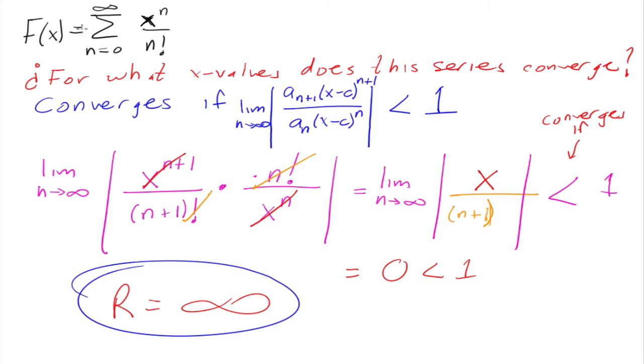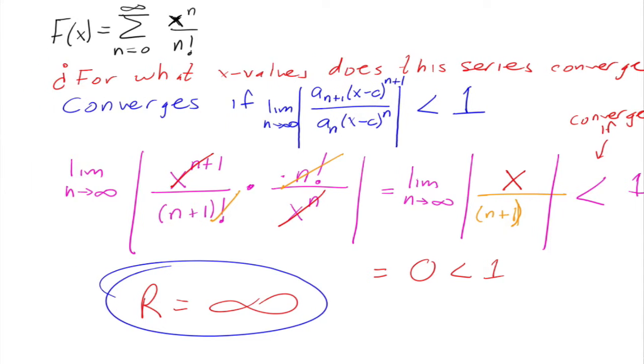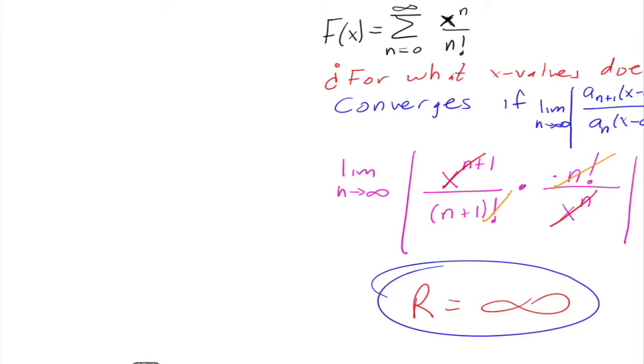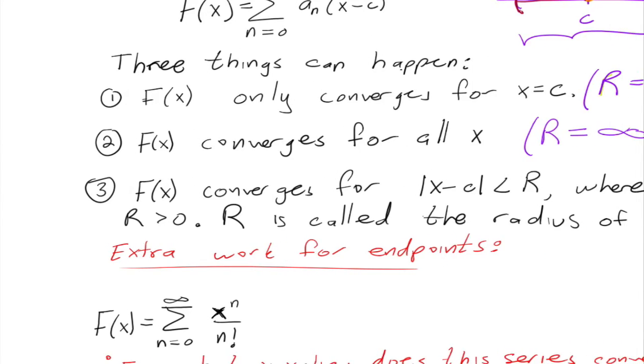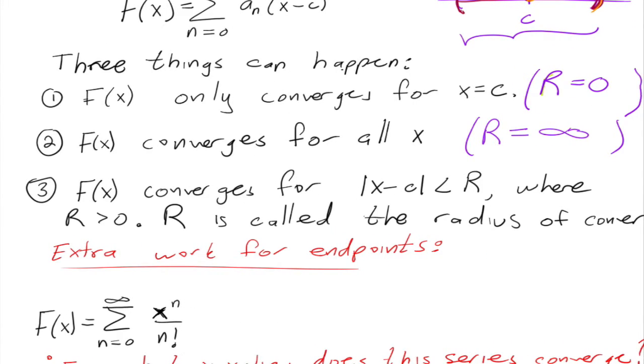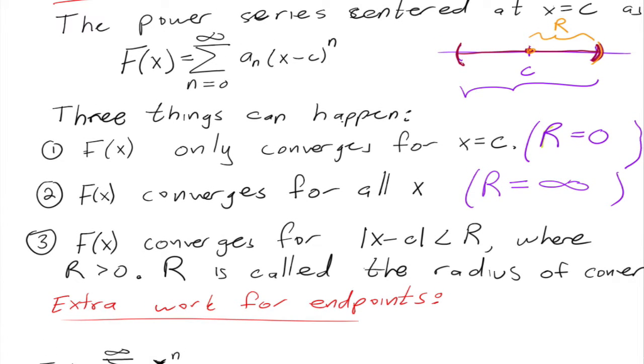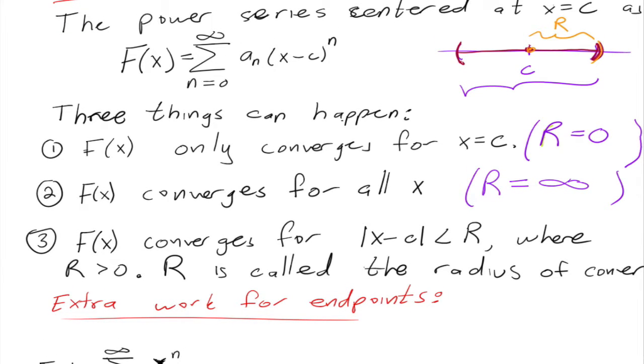What does the word radius have to do with anything? Well, it's called radius because of this. Okay, it's up here. It's called the radius because it's the interval centered around that number c. So whatever your radius is, that's how big your interval is.